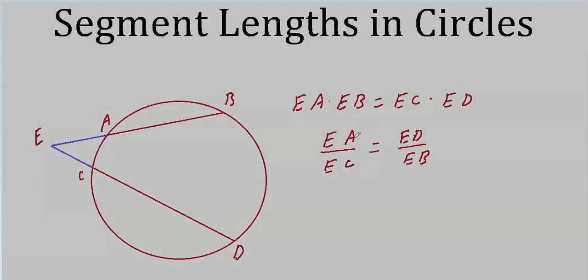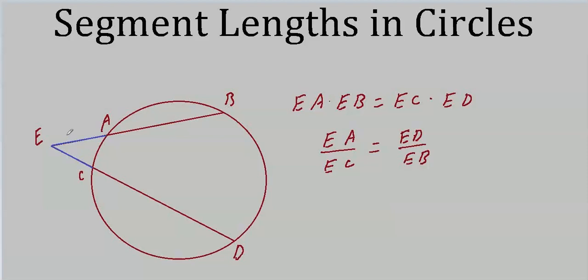Except, of course, nothing gets to be easy. They get reversed. By that I mean this first ratio is EA over EC, whereas the second ratio is ED over EB.